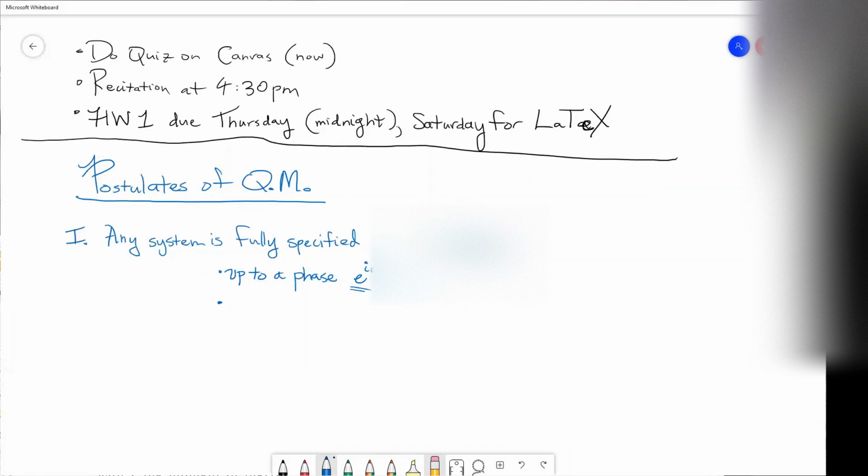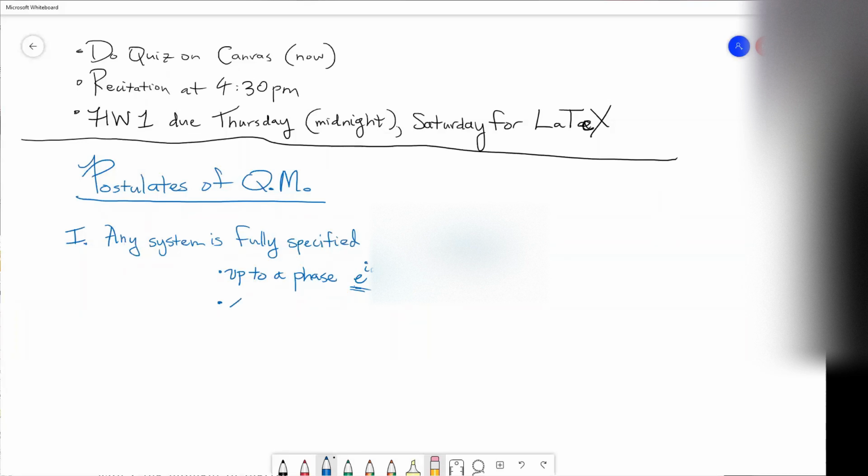So up to this phase, that's a full specification of the state of the system. So this is sometimes called a ray in the Hilbert space. It's not a vector because a vector has a unique phase, but it's any vector, up to a phase. Sometimes it's called a ray, for those of you who are interested in mathematics, I guess.